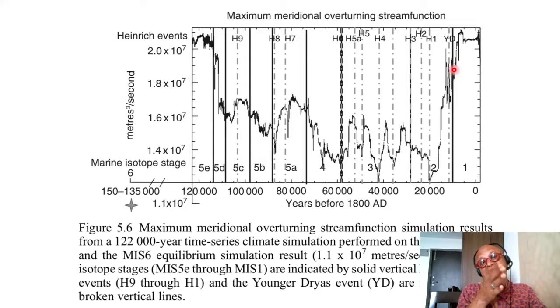Last glacial maximum was reached around 21,000 years ago. Deglaciation started, and around 11 to 12,000 years ago, the glacial meltwater that was sitting behind an ice dam in Lake Agassiz presumably got suddenly released onto the North Atlantic.